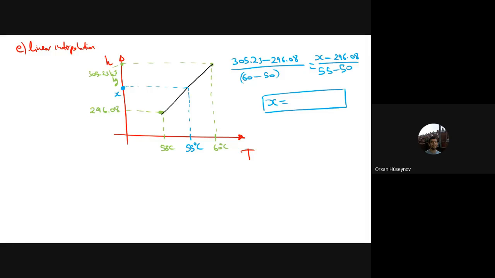And for the second one, Rajab, 300.6 kilojoules per kilogram. Okay. So I have finished this example.